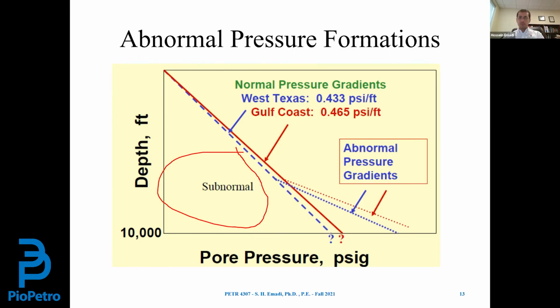Now the pore pressure is 0.41. And if it's above the normal pressure gradient, we call it abnormal. In an abnormal pressure gradient, if we don't know about the situation, a kick can happen. In a subnormal formation, if we don't know, lost circulation can happen.